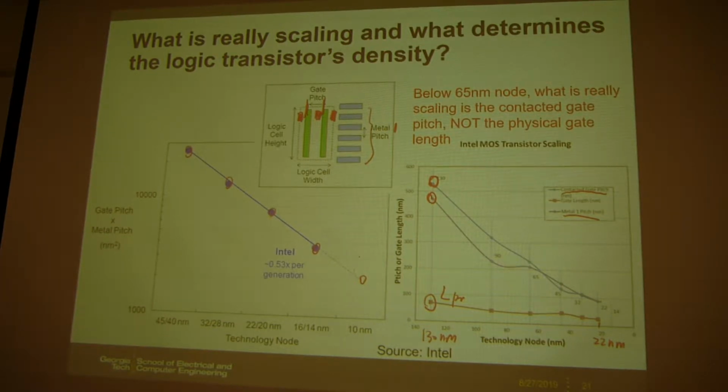So what is really scaling? If you draw the transistor, not layout, let's say cross section, like this: gate, source, and drain. So this is the contact for the source, contact for the drain. So the printed gate length does not scale too much these days.